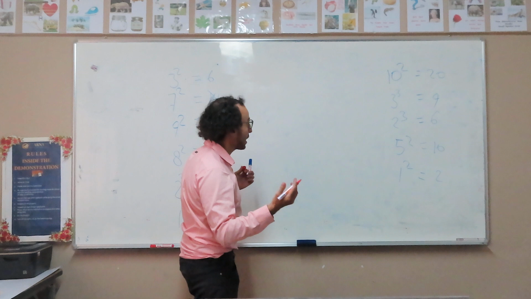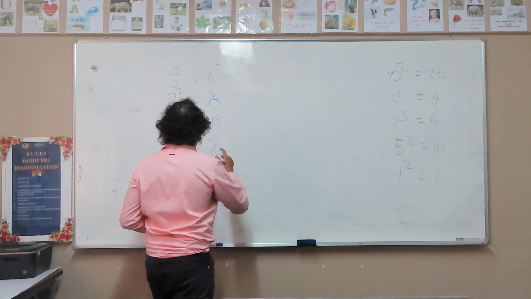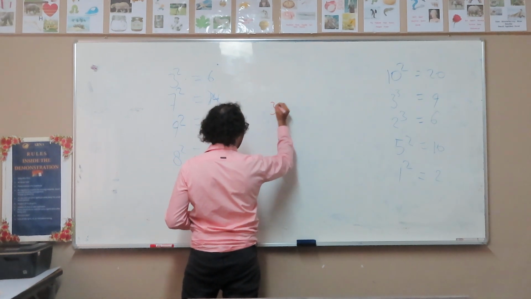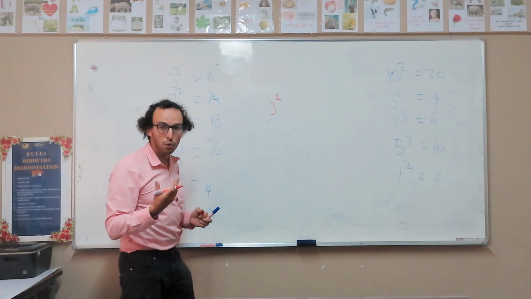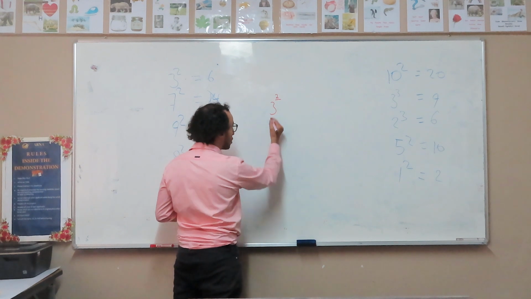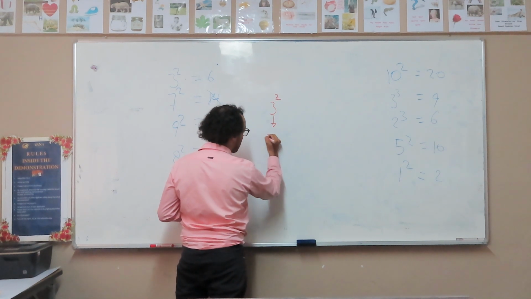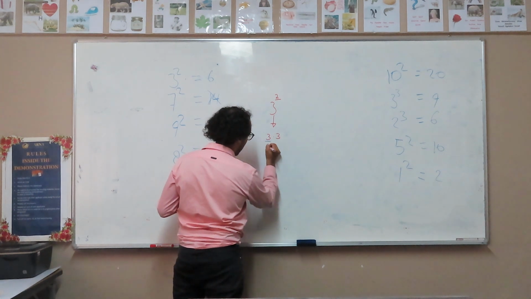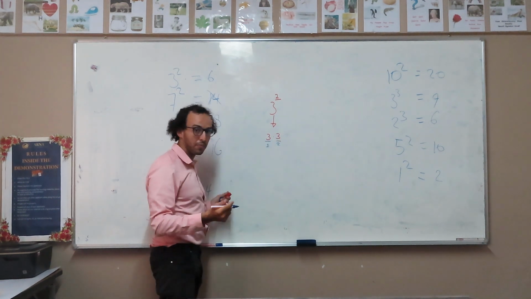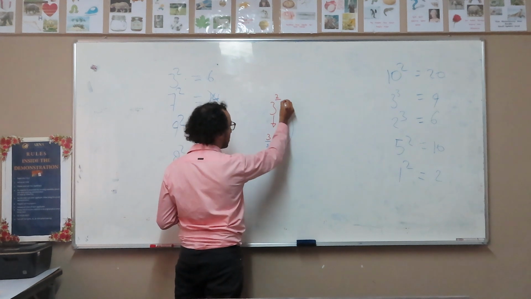So now I will be explaining how exponential works. If we have this number here, the 2 tells us how many times we need to multiply this number. So this will be 3 multiplied by 3. 1, 2. So that's the 2.